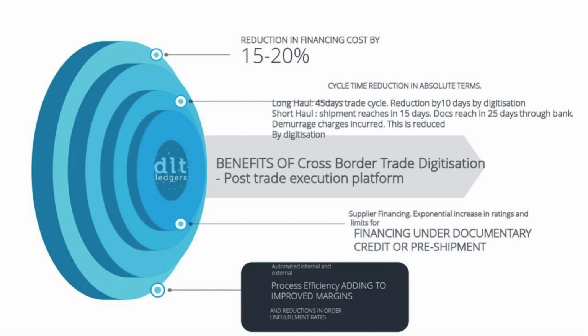But with digitization giving about 60% more visibility to the bank, they are ready to look at your transaction, look at you as a different entity altogether, which helps you to develop trust between the bank or the financial institution and the company, which drives an increase in the rating.